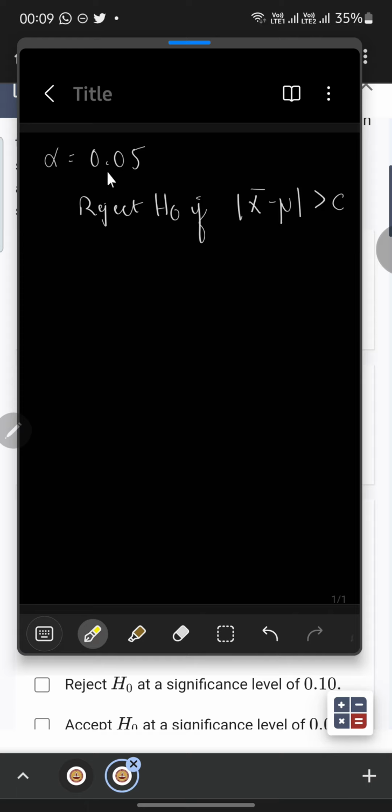So next is the test for 0.10. So we are basically checking A and B options, right? So for A and B options, we need to find this. Reject the null hypothesis if the expected mean minus the given mean is greater than the critical value.